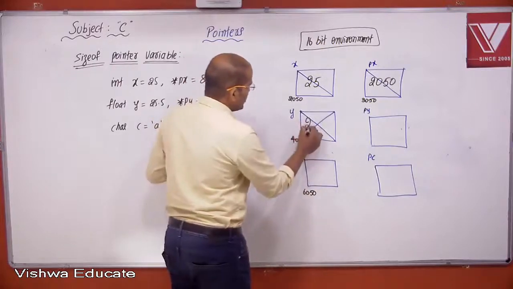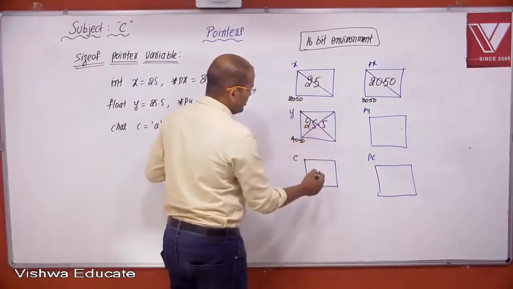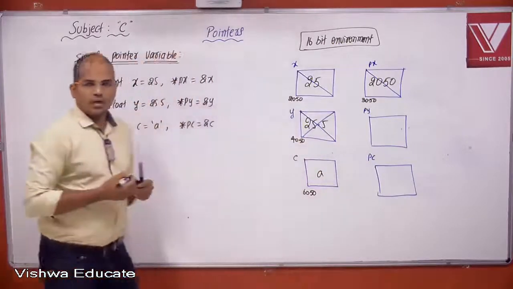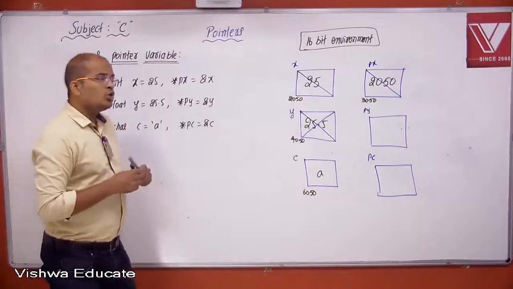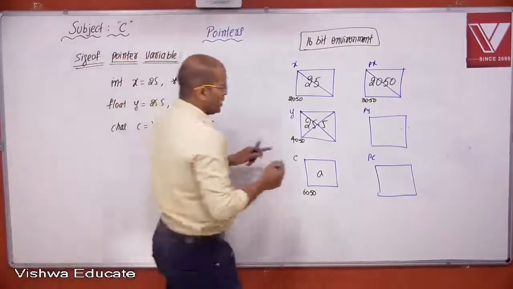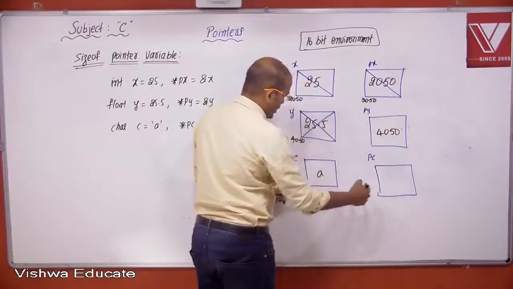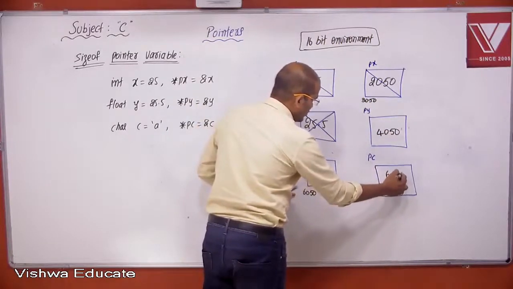Now I store 25.5 here and I store 'a' here. What should a pointer store? A pointer should store the address. The address is 4050 and the address is 6050.